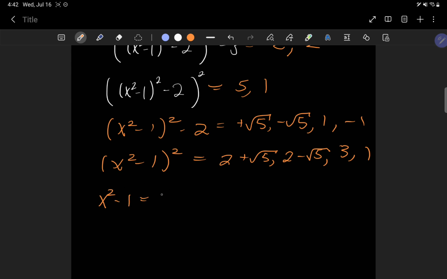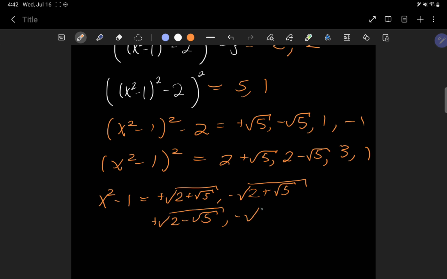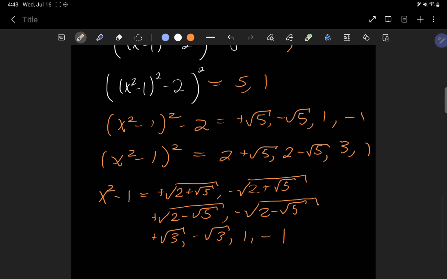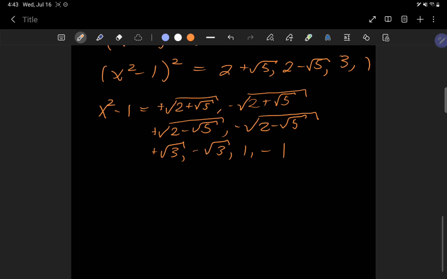So you have positive root 2 plus root 5, negative, and there's 2 from this one, so positive 2, negative, and then positive root 3, negative root 3, and then we have 1 and negative 1.